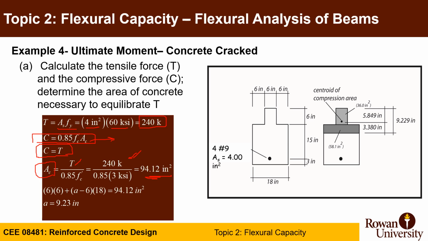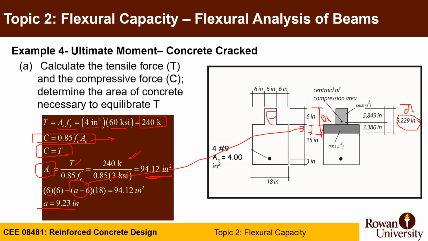Now you can assume the distance A here as before, but the area of concrete will be equal 6 times 6, which is this area of this small square, plus A minus 6, which is this height, times 18, which is the width here. This is going to give you A of 9.23, which is the total height here, A.